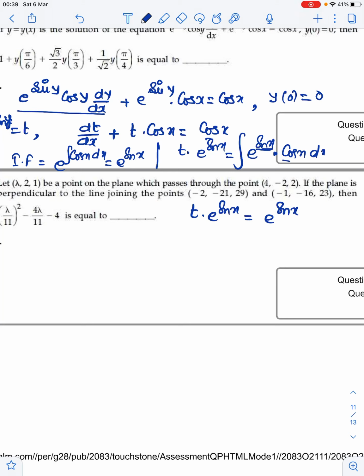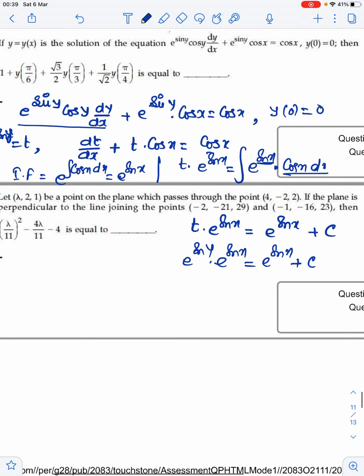If I put sin x as t, cos x dx is dt. So this is e to the power t dt, hence this plus c. Now t I am putting back as e to the power sin y. This is e to the power sin x is equal to e to the power sin x plus c. Now to get the value of c, they have given at x equal to 0, y is also 0.